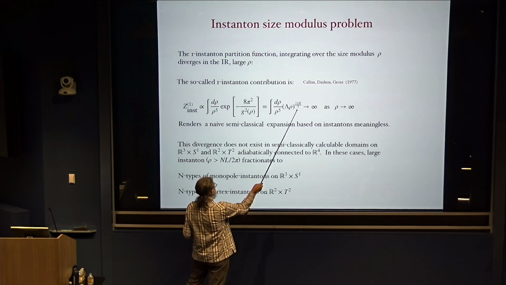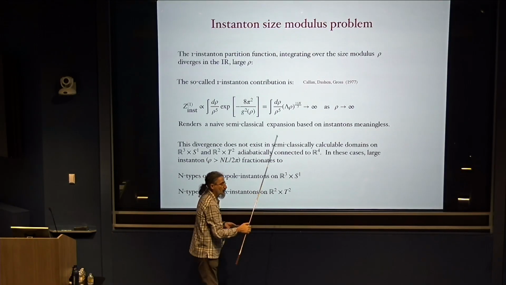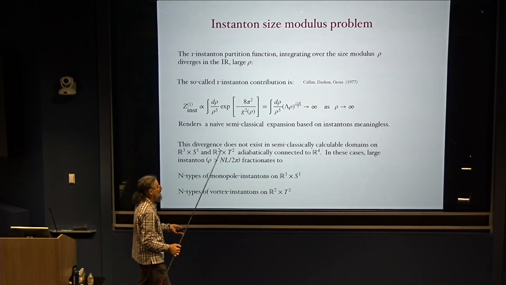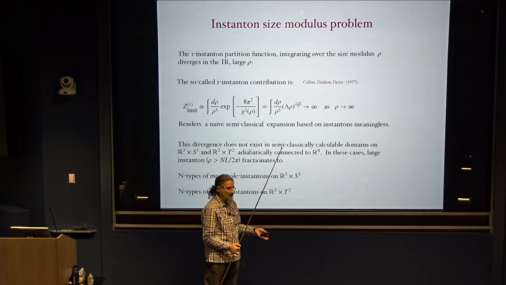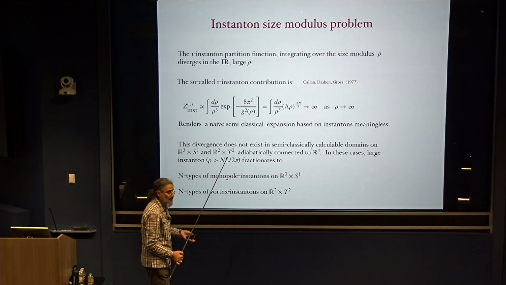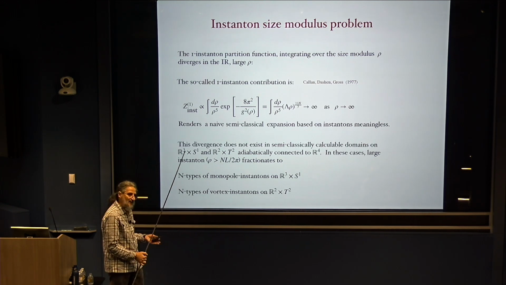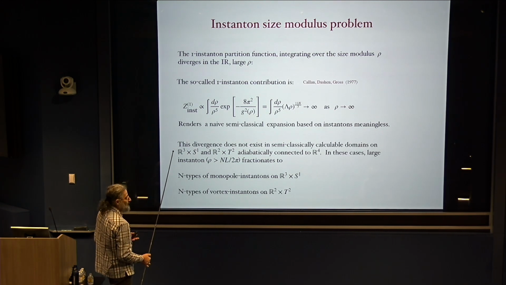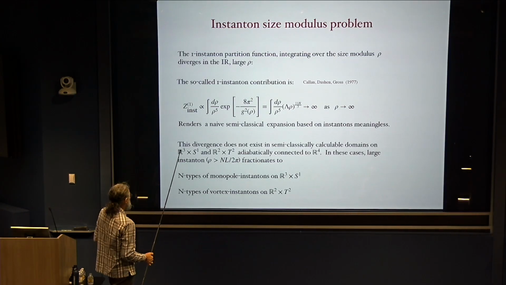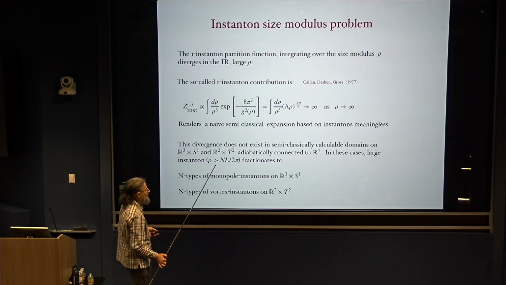And you see that even for n equal 2, this factor, the contribution of the instanton to the vacuum energy, diverges at long distances in the infrared. And this is a big problem because it's a long distance IR divergence. It tells you that there is something you do not understand about the construction. So this observation renders the naive semi-classical expansion based on instantons meaningless.